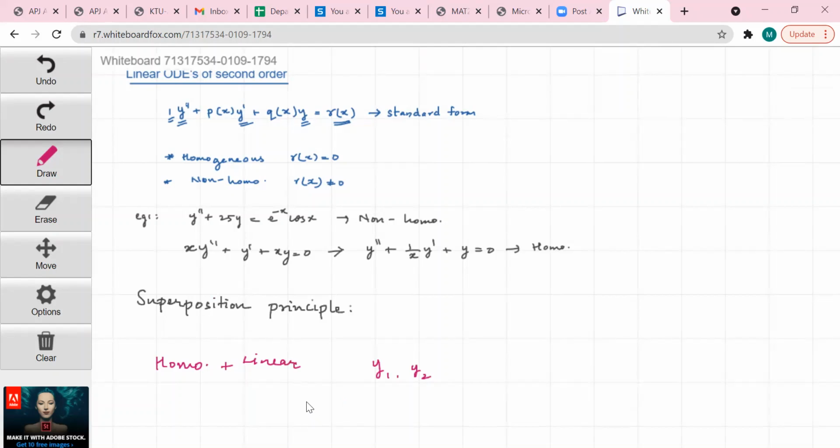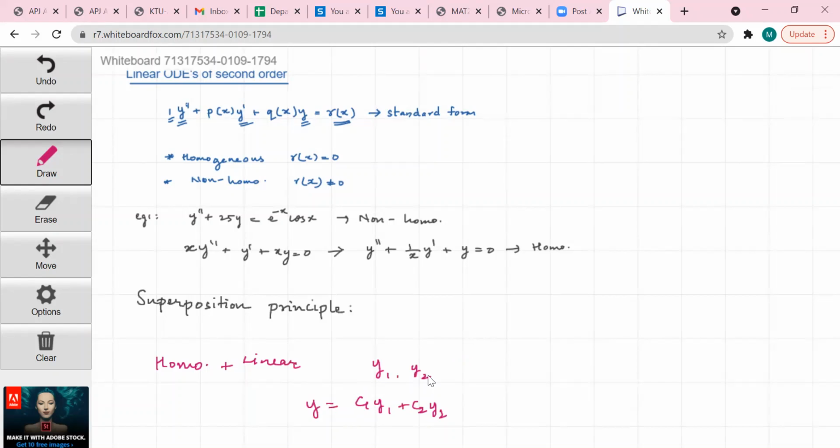Then the general solution is given by C1 y1 plus C2 y2. That is, any linear combination of the solutions y1 and y2 will be a solution for the same homogeneous linear ODE.